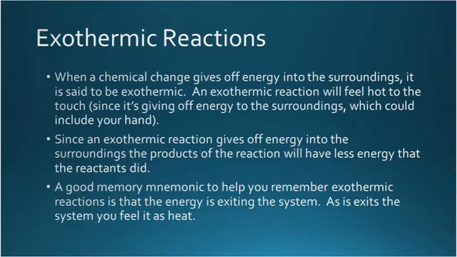An exothermic reaction will feel hot to the touch, since it's giving off energy to the surroundings, which will include your hand. Since exothermic reactions give off energy into the surroundings, the products of the reaction have less energy than their reactants did. A good mnemonic to help you remember exothermic reactions is that the energy is exiting the system. As it exits the system, you feel it as heat.